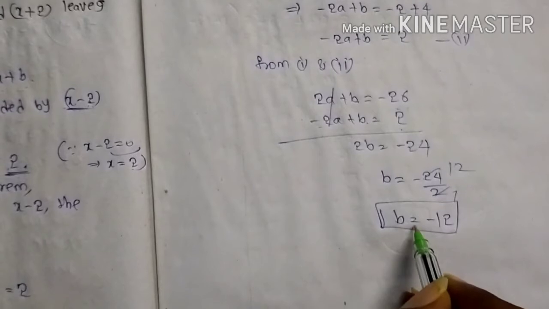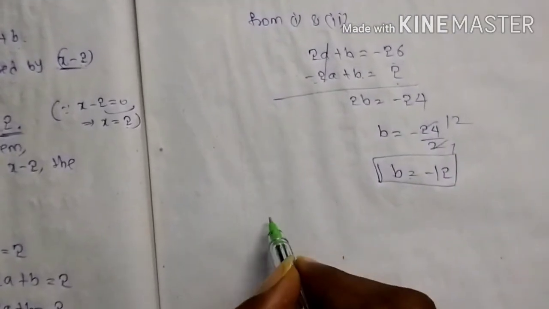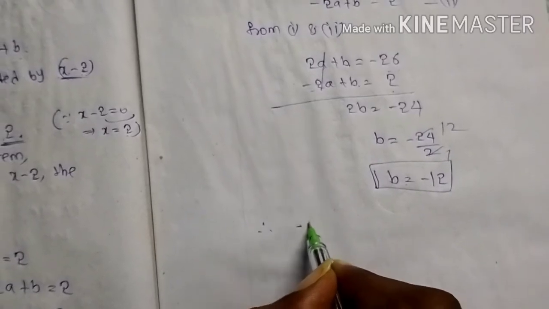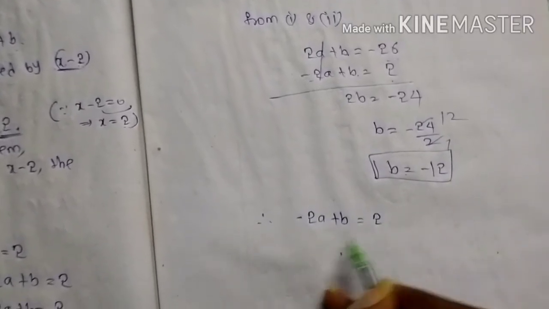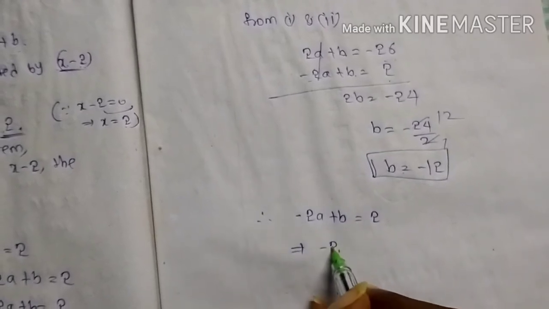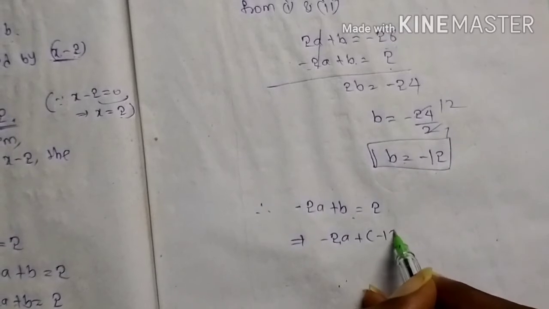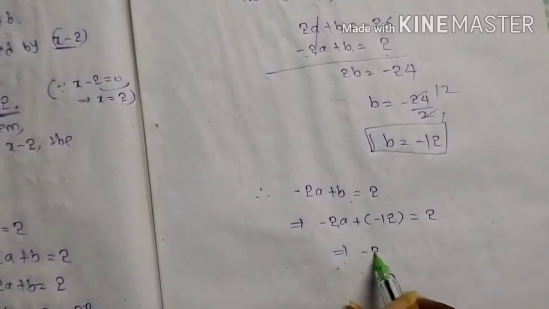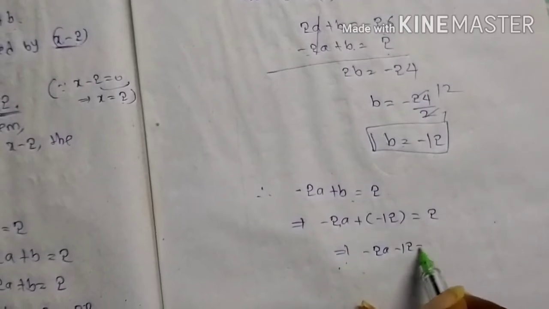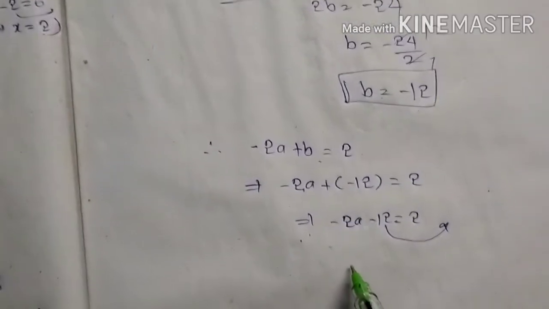You can substitute b is equal to minus 12 in 1 or 2. I am substituting here, in minus 2a plus b is equal to 2. Minus 2a plus b value is how much? Minus 12. You can write here, minus 2a minus 12 is equal to 2. That means you can transpose 12 to the RHS.